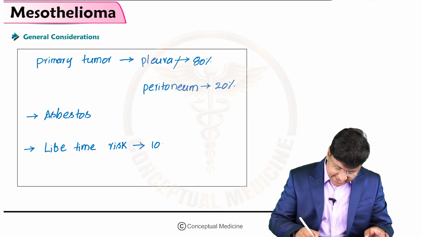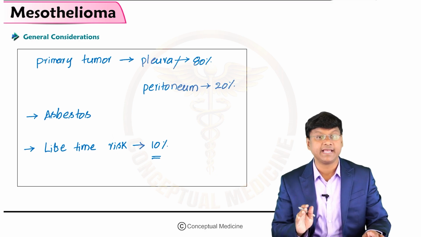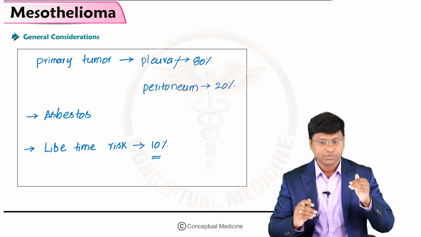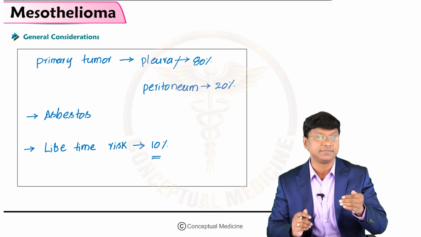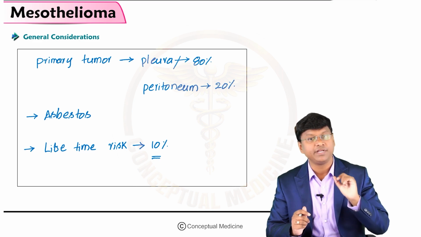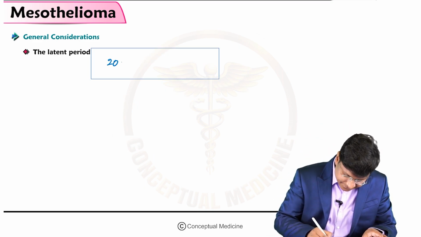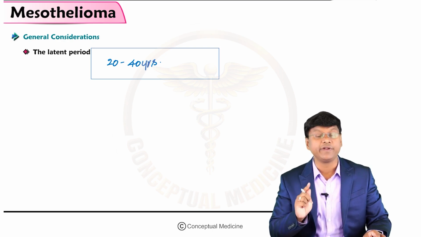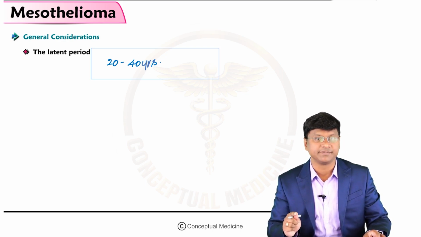It is as high as 10%. Now, what is the latent period? The latent period between the exposure and the onset of the symptoms ranges from 20 to 40 years.